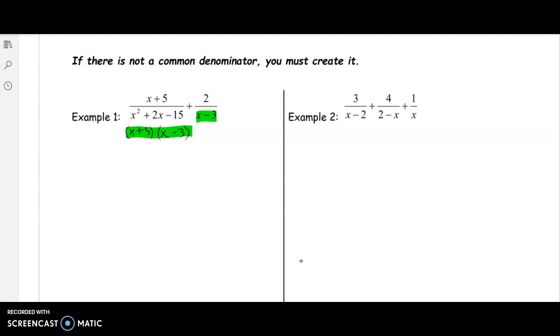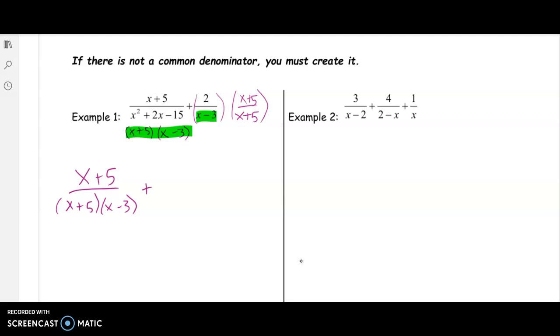But to make the denominators the same, I'm going to multiply this entire second fraction by (x plus 5) over (x plus 5), because then our denominators will be the same. So my first one, x plus 5, remains the same, but now the denominator is in factored form.